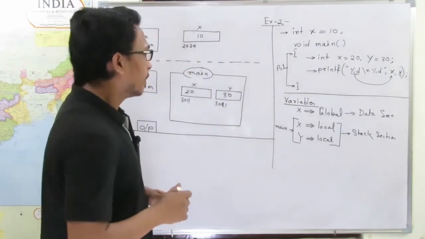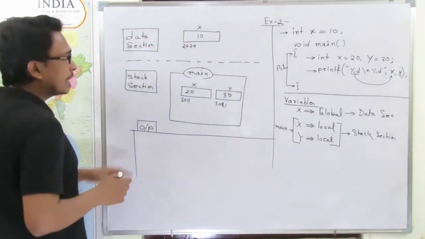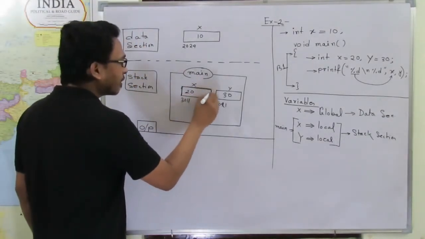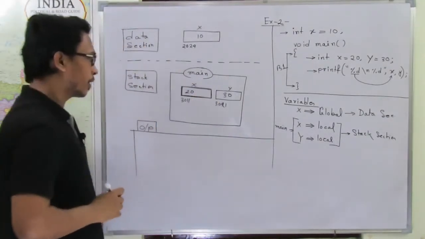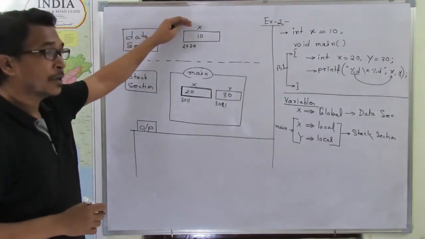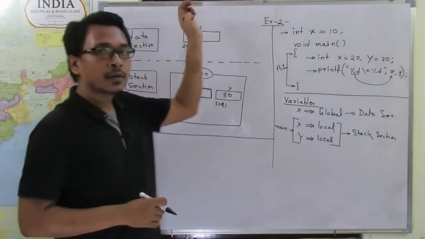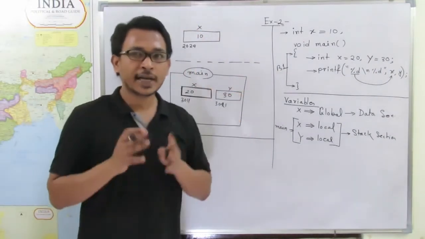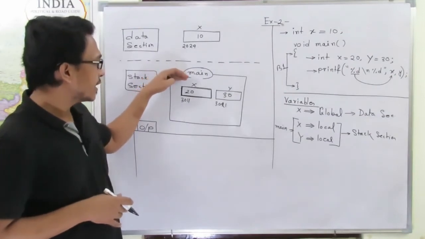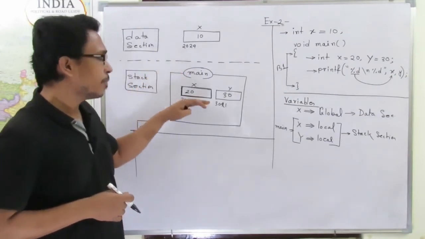Clear? Now when the system checks inside the main block, at that time it will get the x memory block. So it will not go for the global variable, as the system has already found that the variable x is declared inside the main block itself.